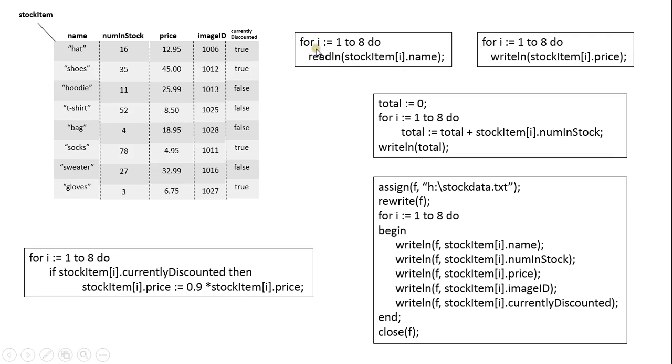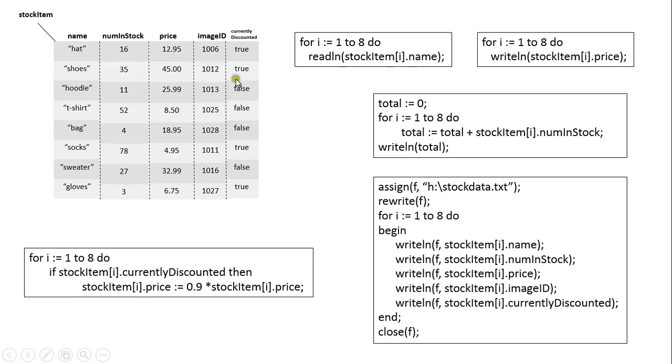So I'm saying for I is 1 to 8, which allows me to count down the rows in the array. For 1 to 8, do, and this is read line, which is just getting input from the keyboard. Stock item I, so the first time around it'll be stock item 1 dot name.